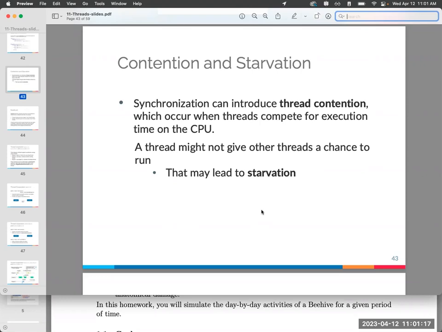Because you have the possibility of having multiple threads arriving at a lock and possibly needing to wait before moving on, because as we have mentioned, the lock would only give one thread the right to execute.